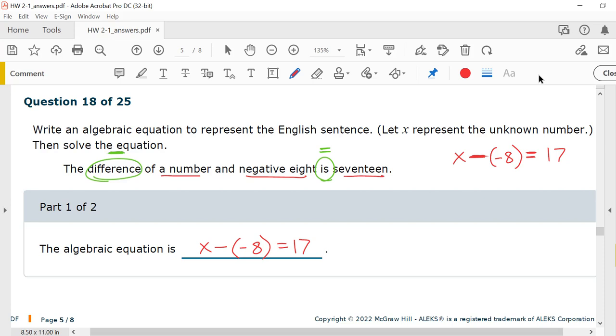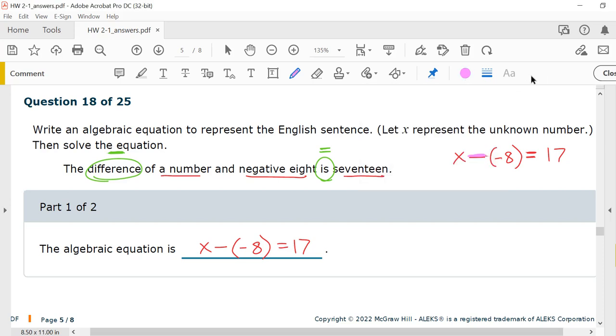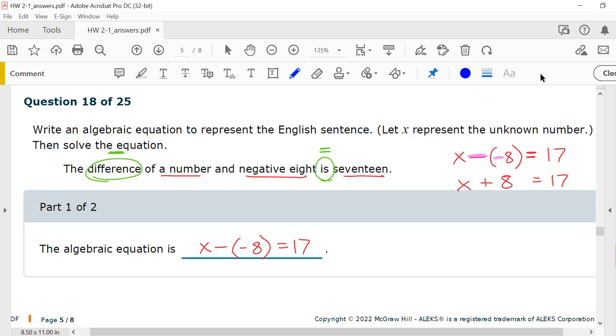Now we need to solve that equation. Okay, I'm going to point out that I do not like minus a negative. I'm going to write that as x plus 8 equals 17. When you're doing minus a negative, you can change that to a plus. Okay, to get x by itself, I have x plus 8.